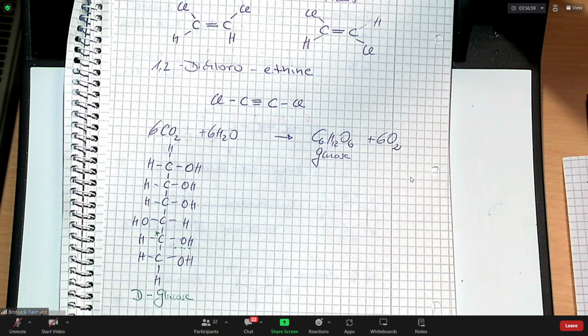For example, the carbon that you mark with the star is connected to an OH, then to an H, which is different, then to CH2OH, which is different, and then to C4. We have 4 different types. So an optical center needs to have 4 different groups.